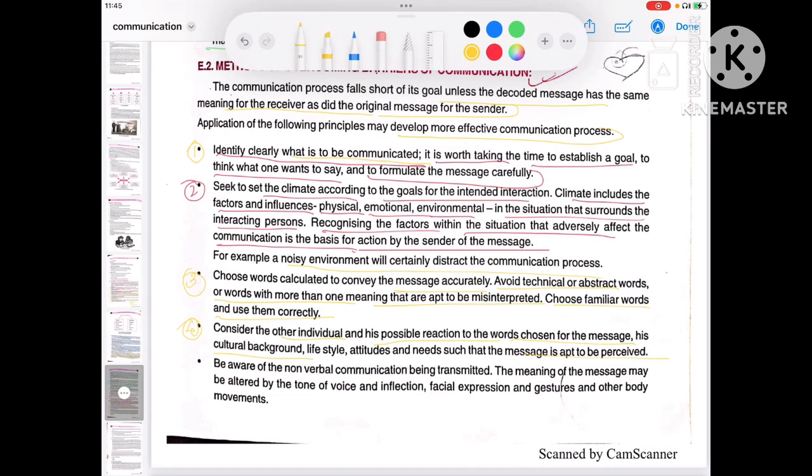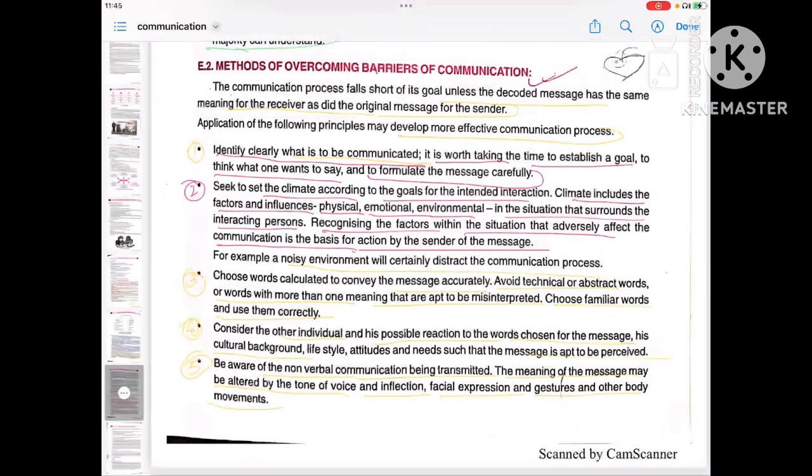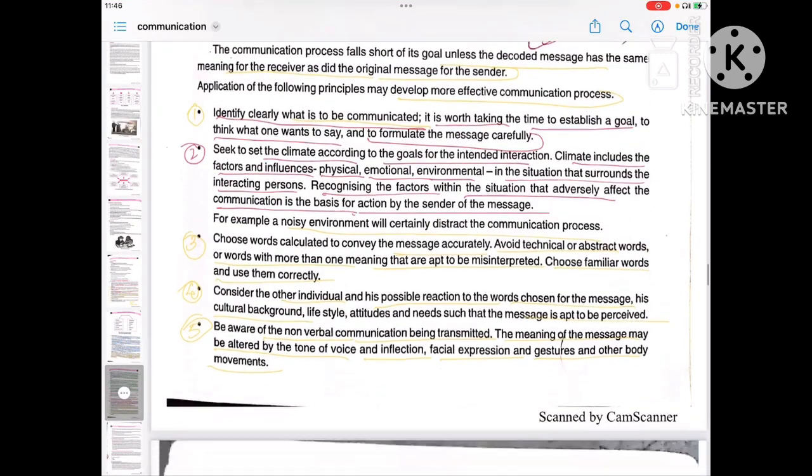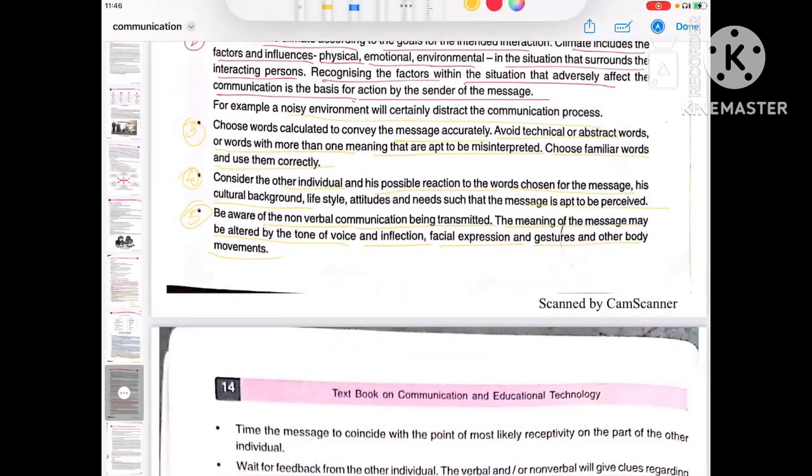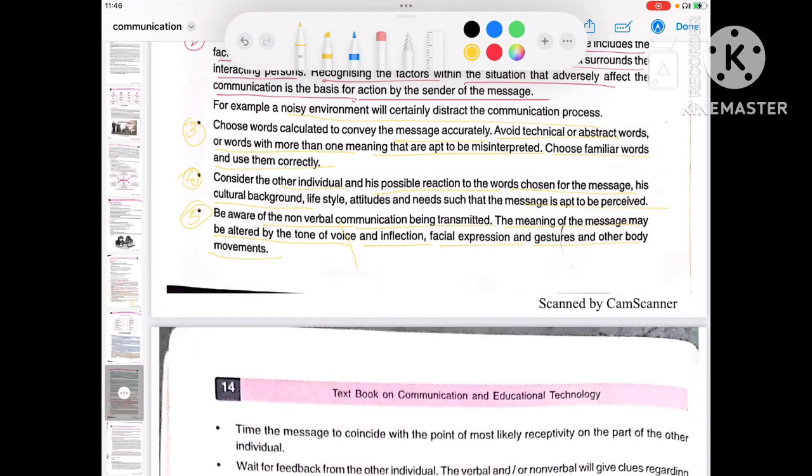And the fifth one is: be aware of non-verbal communication being transmitted. The meaning of the message may be altered by tone of voice and inflection, facial expression, gestures, and other body movement. Can you tell me what non-verbal communication is?